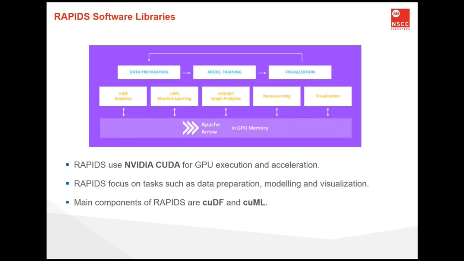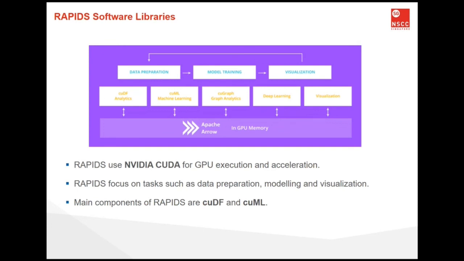When we are going to use RAPIDS, we mainly interact with it using these high-level Python packages. The first one is called cuDF. cuDF is a GPU data frame library with a pandas-like API. cuDF provides operations on data columns, including unary and binary operations, filters, joins, and group bys.